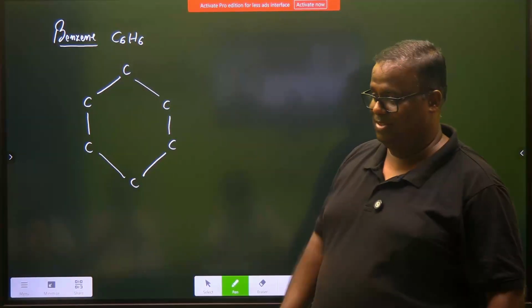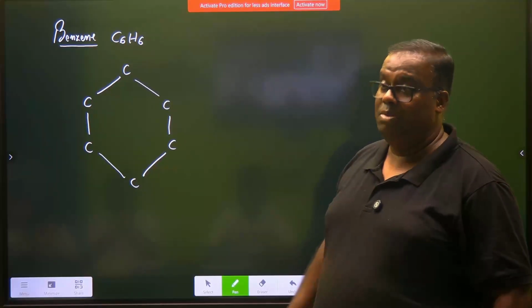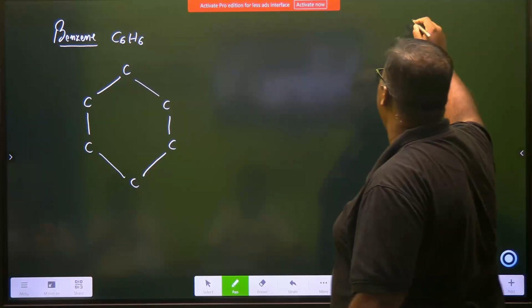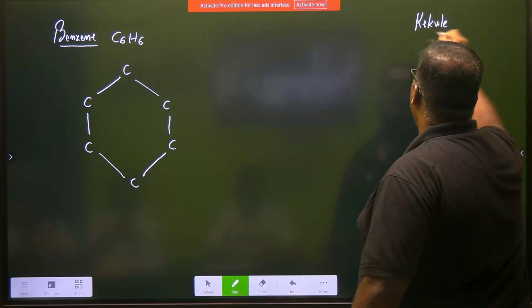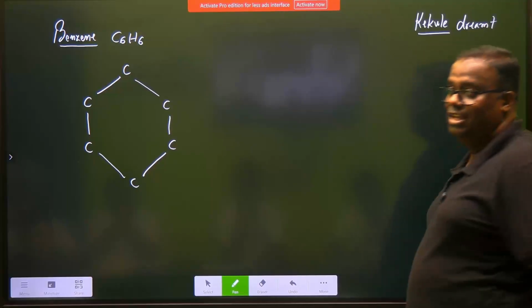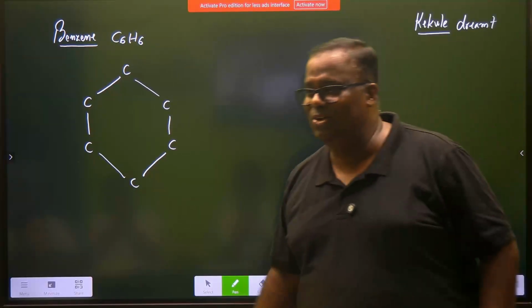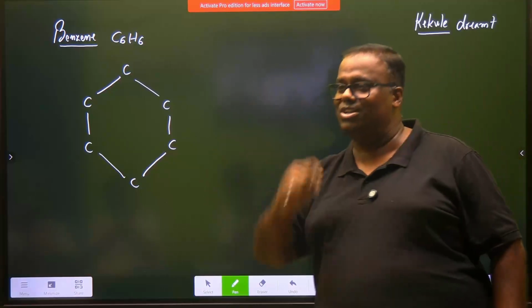Very interesting. But people were using benzene left, right, and center. Benzene structure was given by a person whose name was Kekulé. And he dreamt of this structure. He saw a lot of snakes tangled on him, and from there he came out with this structure. Now you'll see why this structure is so interesting.